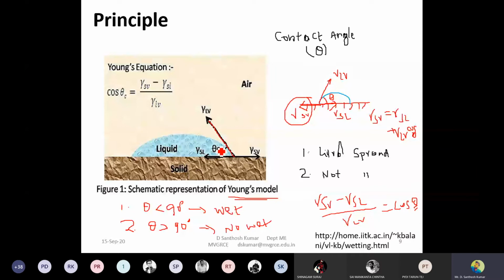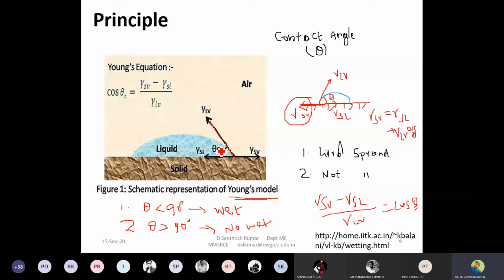As I said, there is a liquid dye, generally a color dye. Most of the time you use red color as the dye. If you take it as a liquid dye and apply it on a solid surface, the dye should simply spread over the solid surface of the component that you are examining.